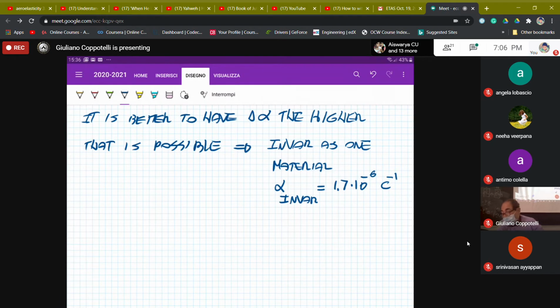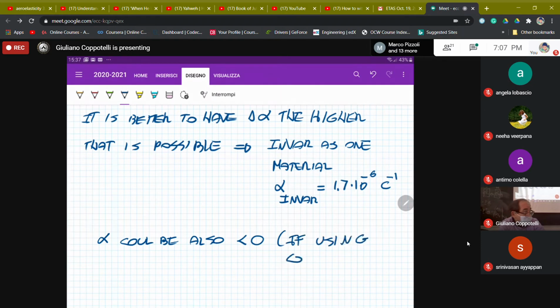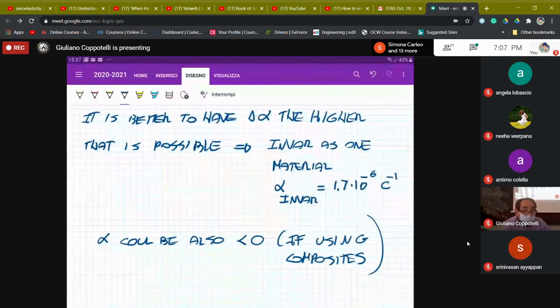And please remember that alpha could also be negative if you're using composite material. That helps in maximizing the mechanical bending of this bimetal thermometer, and therefore increases the sensitivity with respect to temperature.